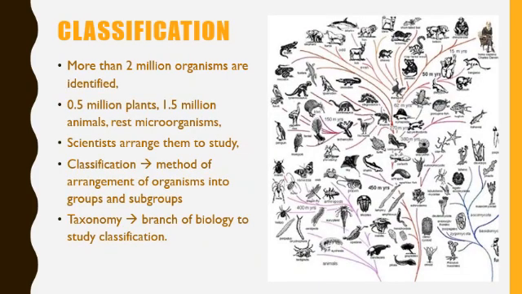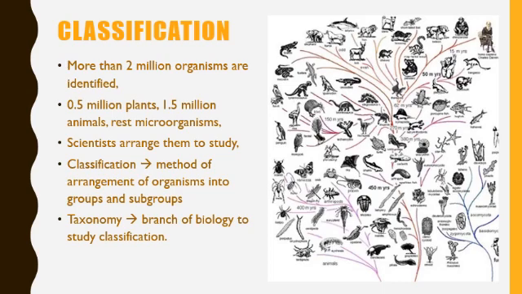As we discussed previously about the large number of organisms existing on this planet, among those, more than 2 million organisms are identified and their characters have been described in detail, in which 0.5 million are plants and 1.5 million are animals. The remaining identified organisms are microorganisms.